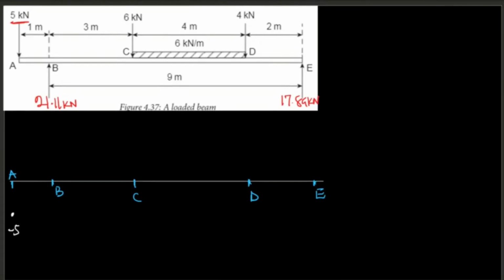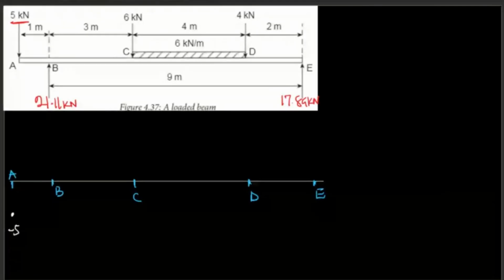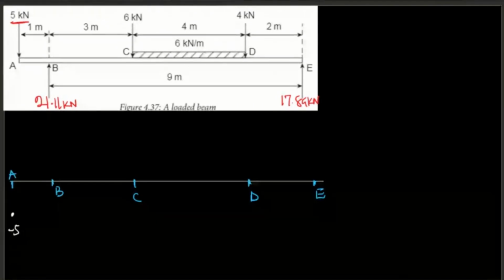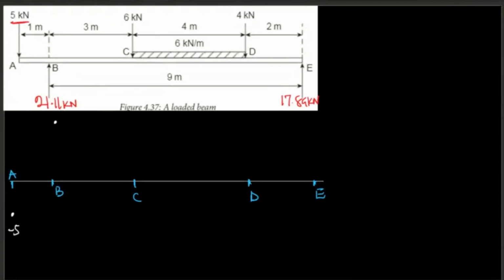So we have -5 plus 21.11, because 21.11 is facing up. That will give us 16.11. So at B there, this is going to be 16.11.